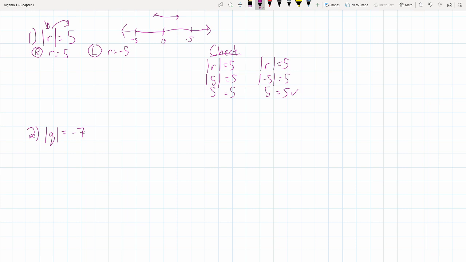Even if you walk backwards, you're still going a positive distance. So whenever we see a negative on this right-hand side, alarm bells should start going off saying, whoa, something's up here. Because in this case, there is no solution. Again, distance cannot be negative.